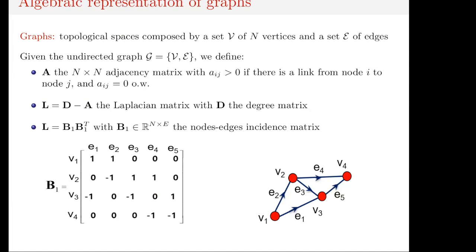An element is different from 0 if there is a link between two nodes, and 0 otherwise. Another form to represent the Laplacian matrix is using the incidence matrix.